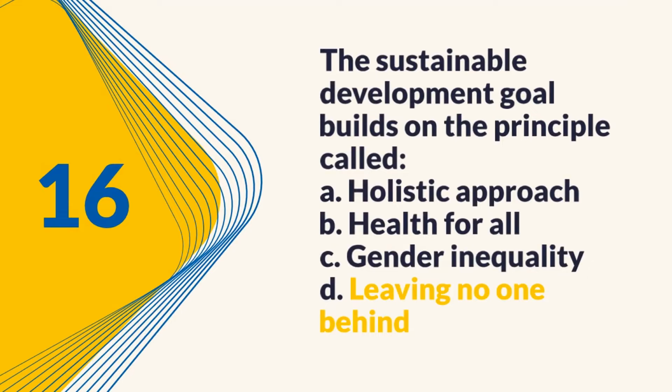This principle is called leaving no one behind. Options A, holistic approach, and B, health for all are related concepts, but not the foundational principle. Option C, gender inequality is an issue these goals aim to address. So, the correct answer is D, leaving no one behind.